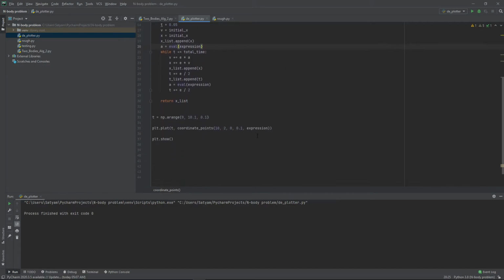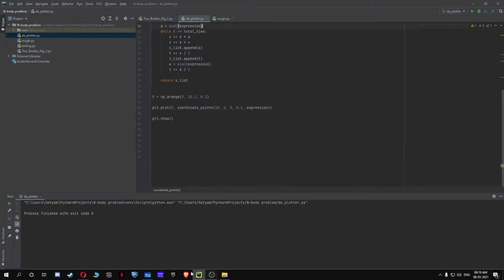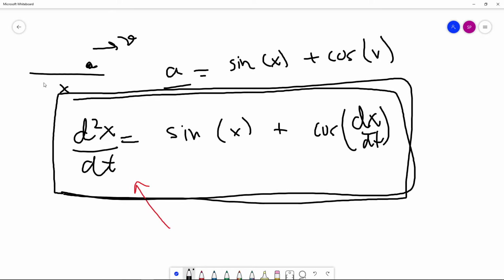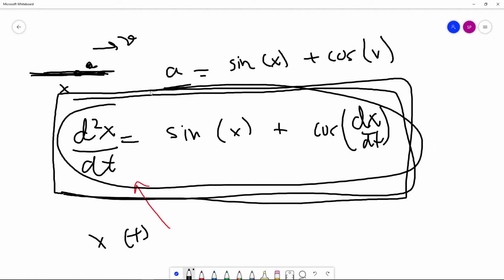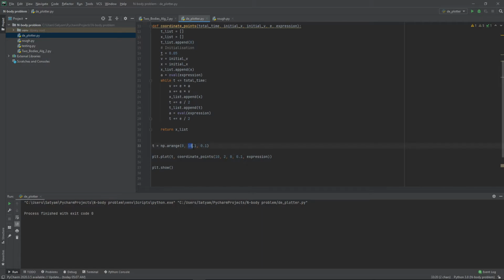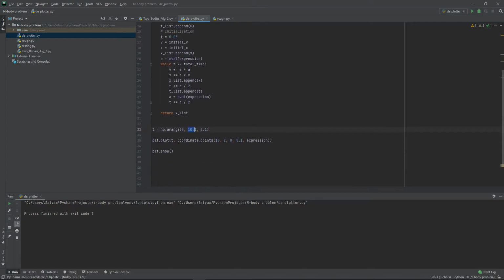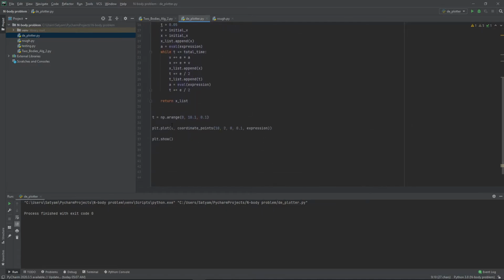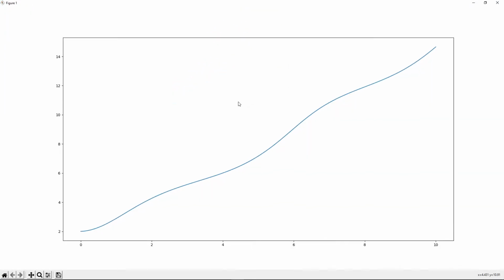What I'm doing essentially is I'm solving this differential equation. What I mean is I'm solving for the positions and the times and for the motion of such a body that is moving with this acceleration. So for a total time of 10 seconds, and the expression being this, I'm plotting t versus x of t, that x is a function of t, and you can see that here is the graph.